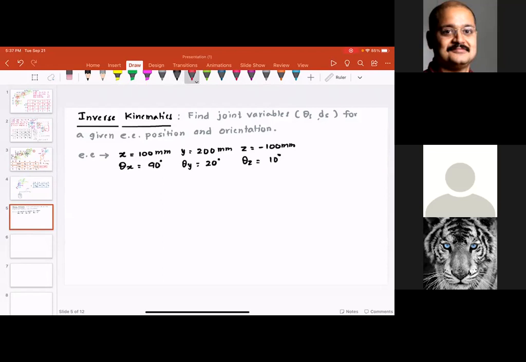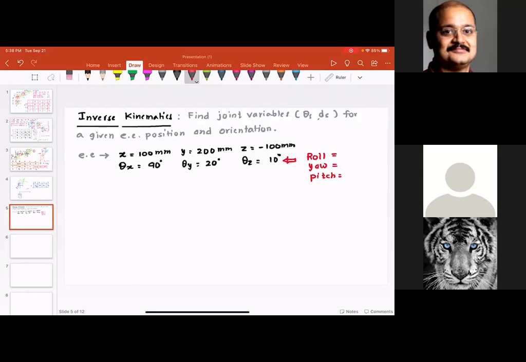So these can be defined in terms of usually certain roll, certain yaw, and certain pitch. Roll angle, pitch angle, and yaw angle. That could be given.